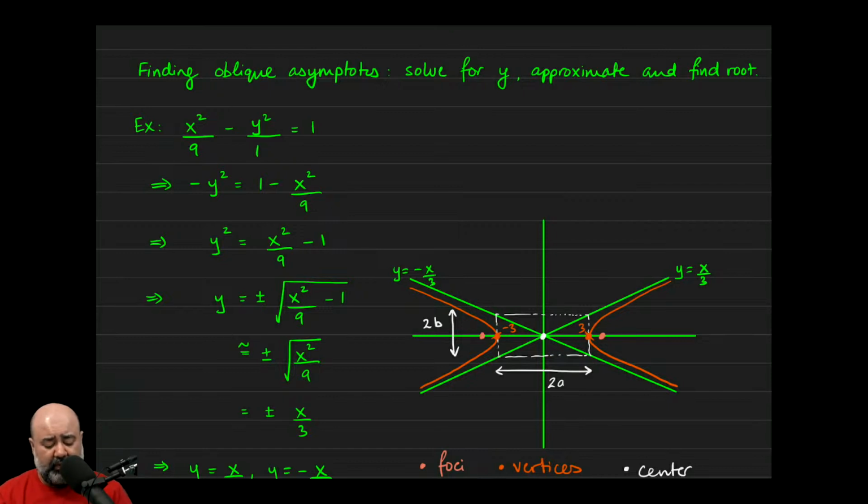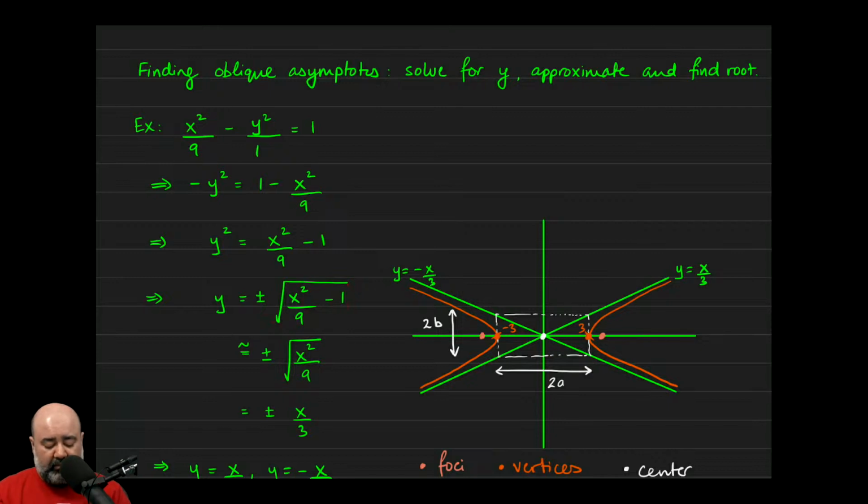So first thing we do is we solve for y squared. We can do that by moving this x squared over 9 over to the other side and getting negative y squared equals 1 minus x squared over 9. We can multiply all the terms by a negative 1, so all the signs will switch. And then in order to get rid of the square, we can use the square root property to get plus or minus the square root of x squared over 9 minus 1.